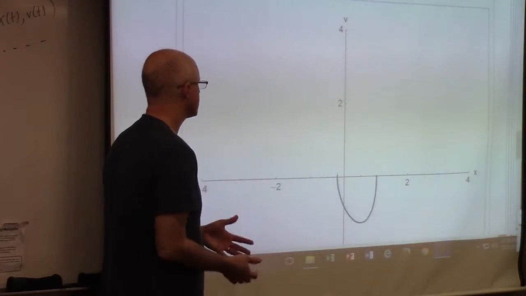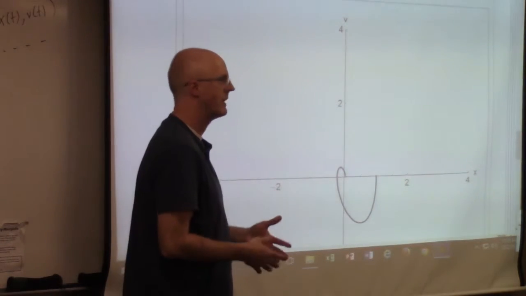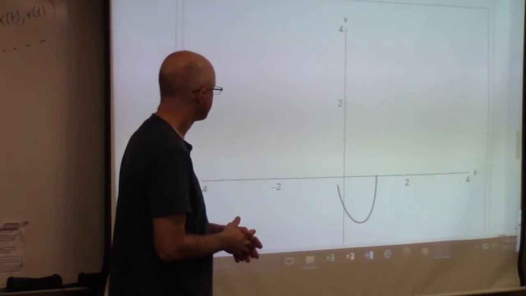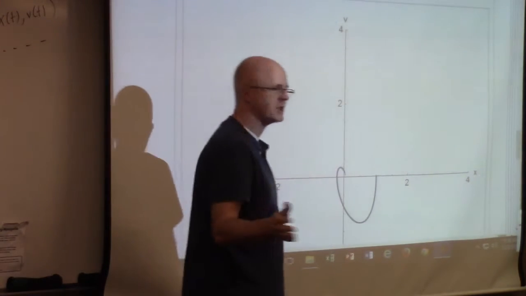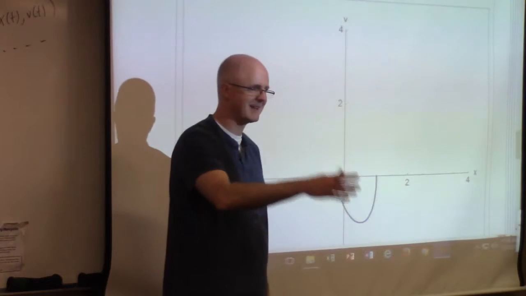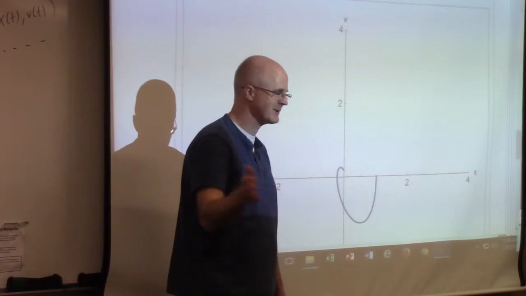So this is a solution curve of the system of differential equations in the phase plane, it's called. It's not showing you the motion of the mass, right? The mass doesn't spiral. It goes back and forth.